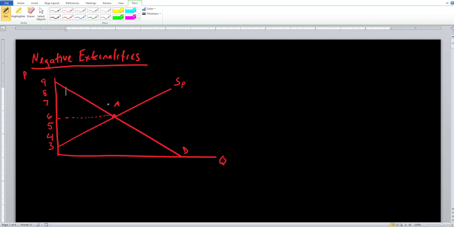We have our very first supply curve, known as SP, which represents MPC, the marginal private cost. This MPC, this SP, is a typical supply curve that we have been thinking about throughout this entire semester. It's basically the supply curve of the firms, and it says that we're not taking into account any cost on third parties at all.